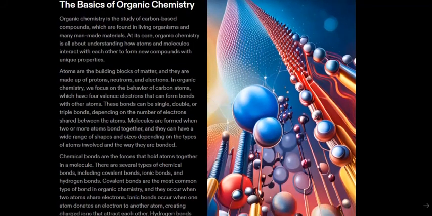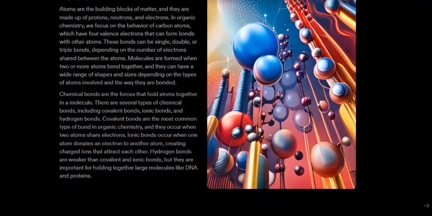Now all of these hold a chemical bond. In organic chemistry, we're going to talk specifically about covalent bonds, which are the most common ones, where two atoms share electrons.